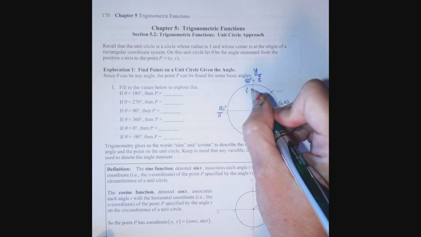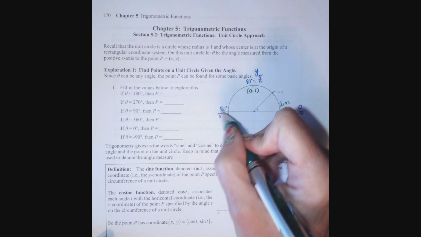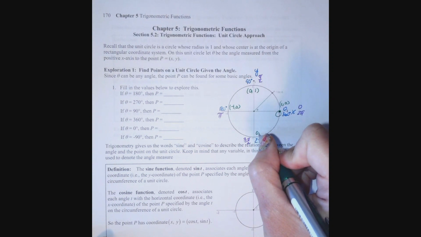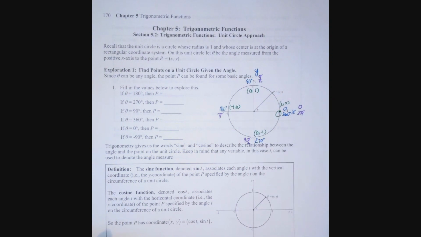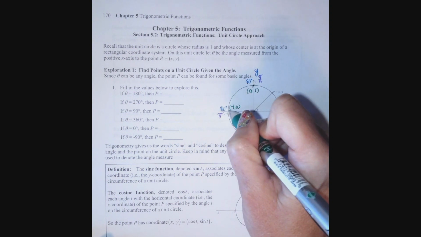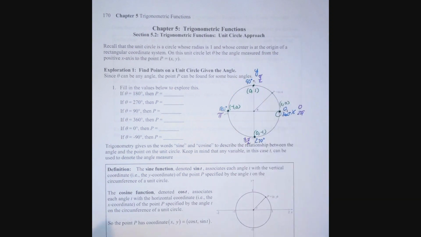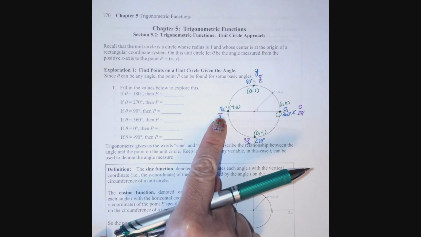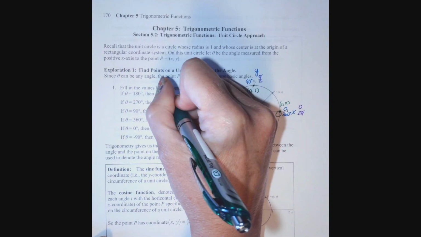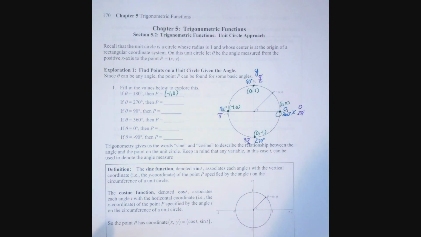This location, therefore, is going to be 0, 1, and then we come around to -1, 0, and 0, -1 as the coordinates where our circle intersects our axes, if our circle is the unit circle with a radius of 1. So let's talk about these as point P. If theta is 180 degrees, then the coordinates for this point are -1, 0.